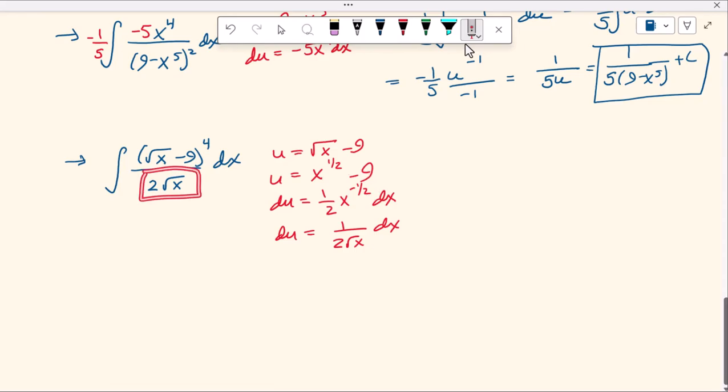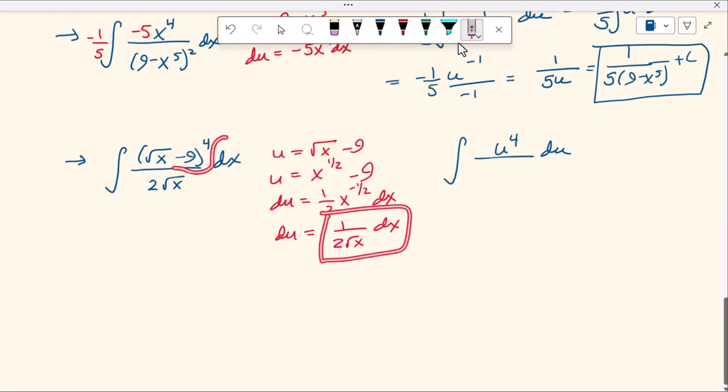And I have that. It's right here. So that turned out pretty good. So up here I have u to the fourth du, because all of this takes up my du. So all of this is my du. In fact, I don't even need the fraction bar. I can just write that as u to the fourth du.